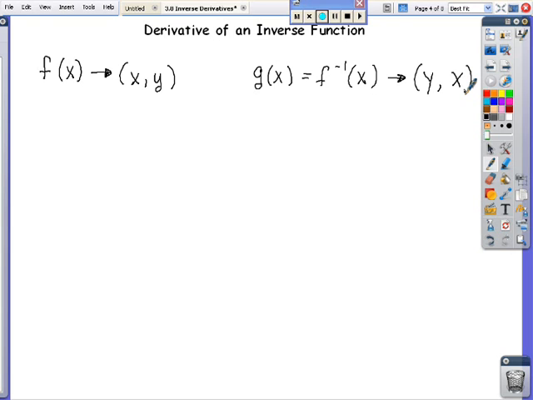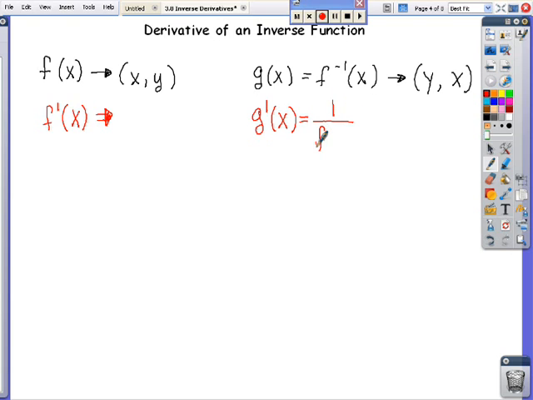So the rule ends up being that given that you find the derivative of f at x, and that becomes some value, you actually can also say that g prime of x is actually the same as 1 over f prime of x.